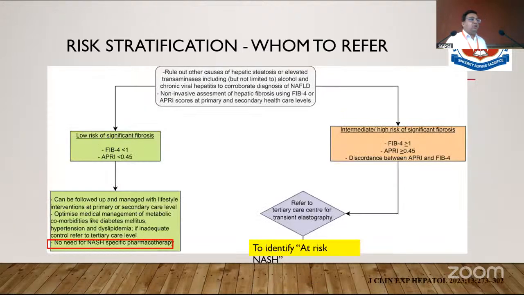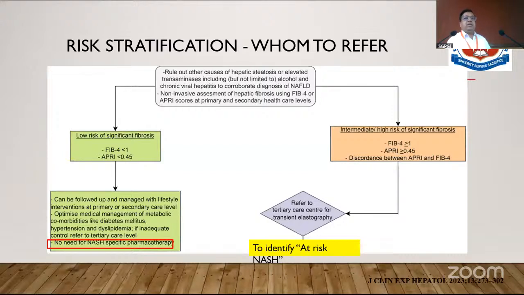Then we should rule out other causes of elevated liver enzymes or fatty liver disease on ultrasound, like viral hepatitis and alcoholic liver disease. Then we calculate APRI or FIB4 on the basis of biochemical tests of the patient.